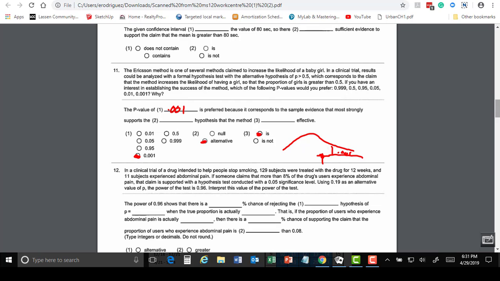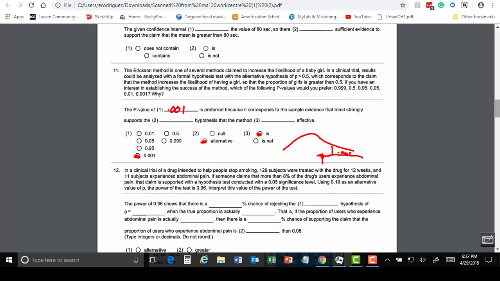Someone claims that more than 8% of the drug users experience abdominal pain, and this is tested with a hypothesis test conducted at the 0.05 significance level, using 0.19 as an alternative value for p. The power of the test is 0.96. Interpret this value of the power of the test.